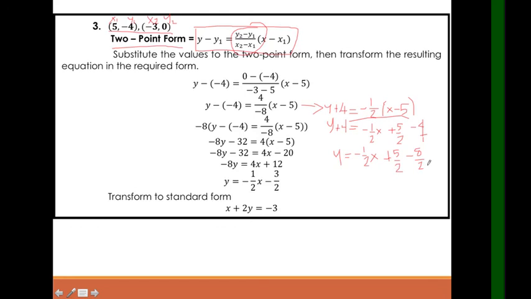And since pareho na sila, pwede na natin gawing slope yan. So, we have negative 1 half x minus 3 over 2. Because 5 minus 8 is 3. Okay? And we'll copy the sign. I'm sorry, this is 2.